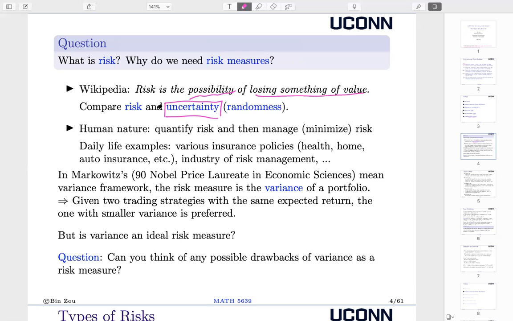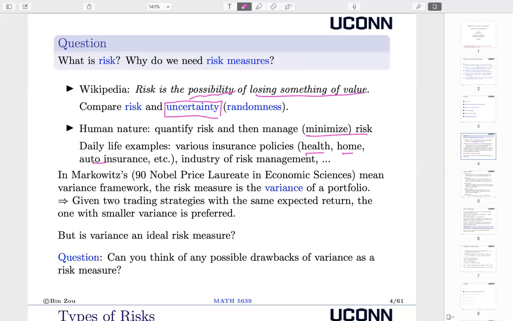The reason why we need risk measures is simple: we want to quantify. Only when you can quantify can you come up with scientific methods to manage or minimize the risk. For people in actuarial science, there are so many examples. We want to buy reliable insurance policies, such as health insurance, home insurance, auto insurance, property insurance, all kinds of insurance, to minimize risk.